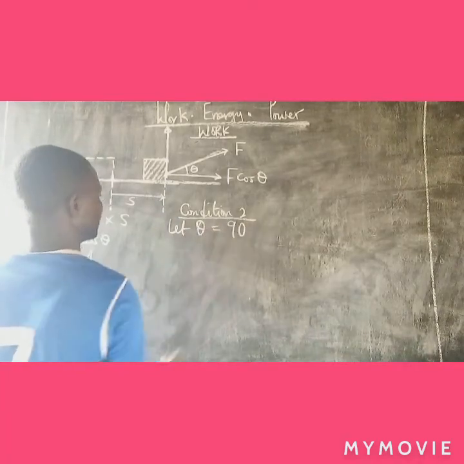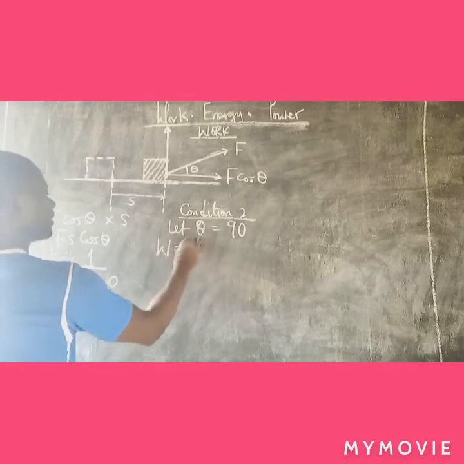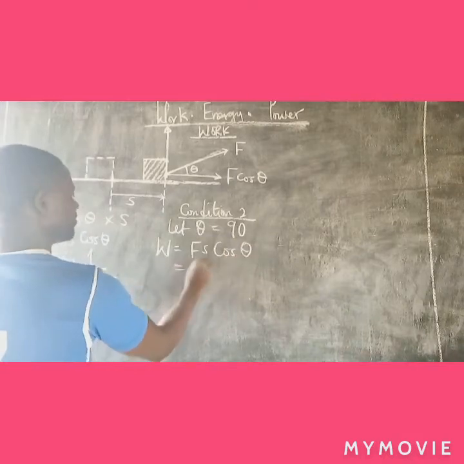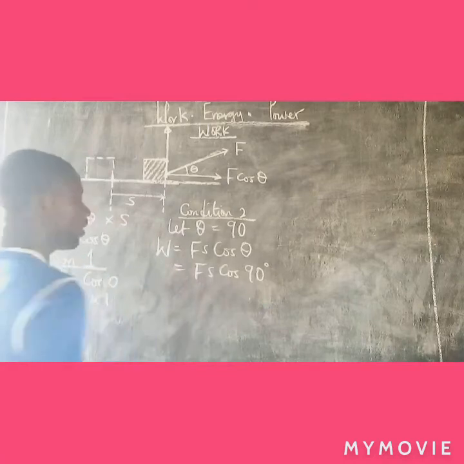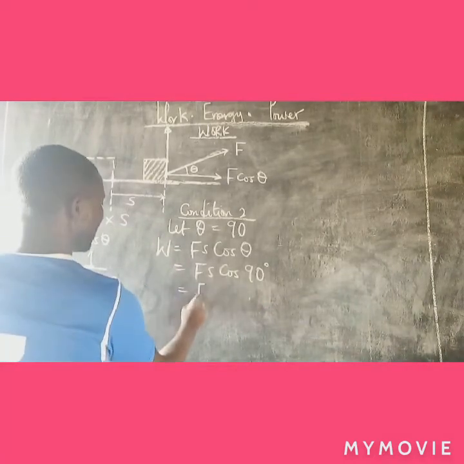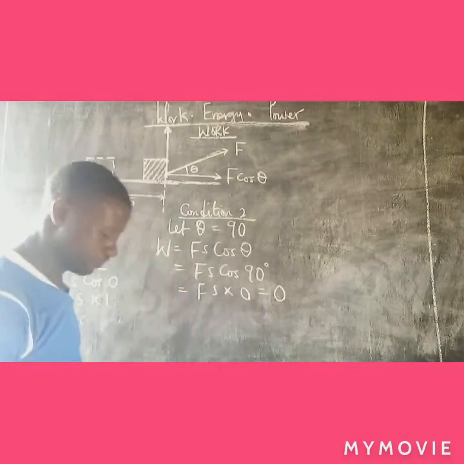With our definition of work, Fs cos theta, this will give me Fs cos 90 degrees. And what is cos 90 degrees? 0. So I have Fs multiplied by 0, which is equal to 0.